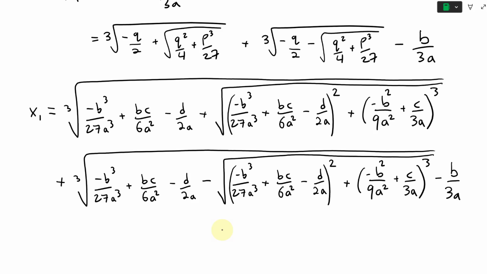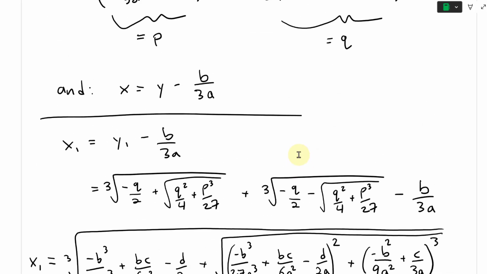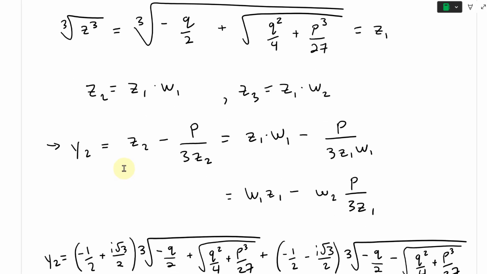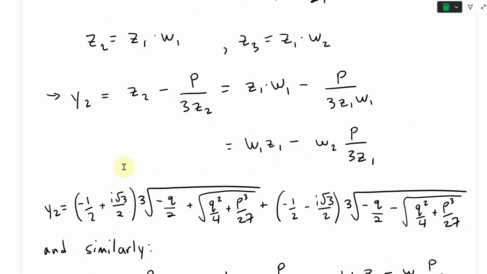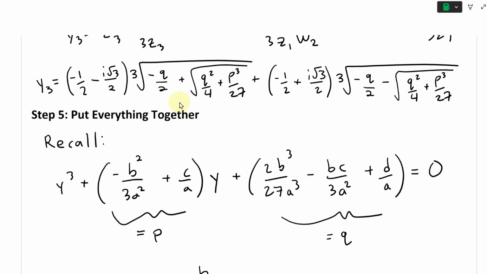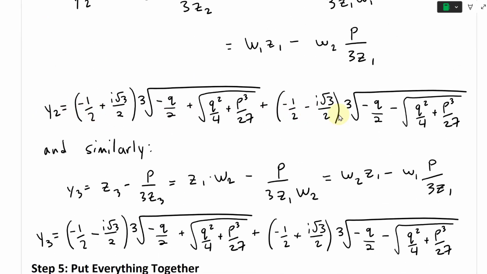So plus that. All right, so there is our x1. And now x2 is basically the exact same thing, so we have to apply the conjugate. Remember, x1 is equal to y1 minus b over 3a. Now if we scroll back up, x2 is going to be equal to y2 minus b over 3a, and y2 is exactly y1, but we have these complex factors right there.